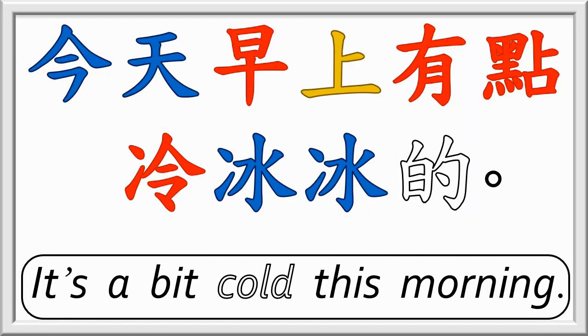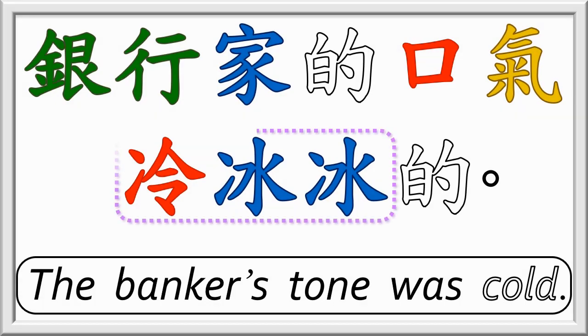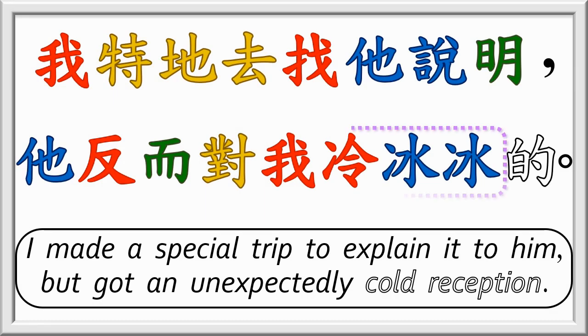The first examples with 冷冰冰 simply mean very cold. 今天早上有点冷冰冰的。It's a bit cold this morning. 银行家的口气冷冰冰的。The banker's tone was cold. 我特地去找他说明，他反而对我冷冰冰的。I made a special trip to explain it to him, but got an unexpectedly cold reception.